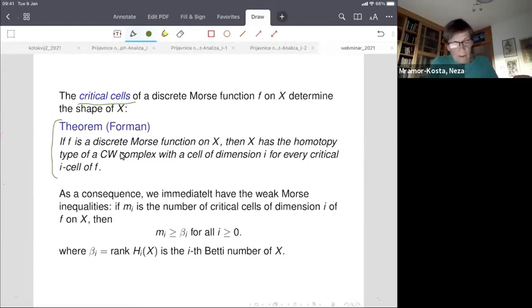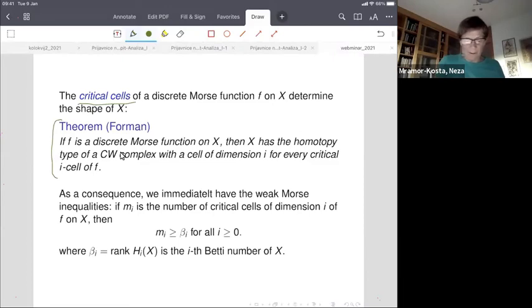The proof of this theorem goes in a similar way as the proof of a similar theorem in smooth Morse theory. I won't go into that, but it's not very difficult, so you can find it in many books and other places where discrete Morse theory is considered.